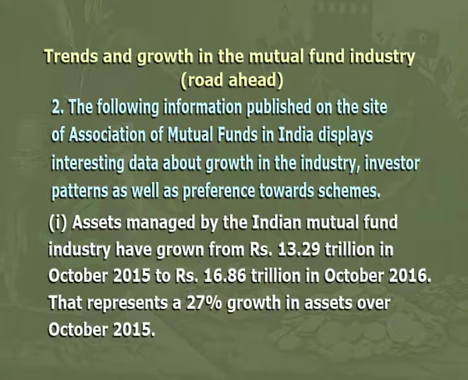Number 1, assets managed by Indian mutual fund industry have grown from rupees 13.29 trillion in October 2015 to rupees 16.86 trillion in October 2016. That represents a 27% growth in assets over October 2015.